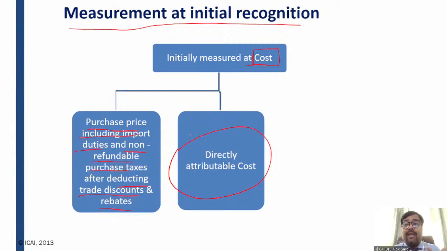These costs I would not have incurred if I would not have purchased this machinery. Okay, so directly attributable cost means the cost which is directly related to that asset, directly incurred for bringing the asset into the location and condition necessary for it to be operating as intended by the management. I hope it is clear to everyone, guys.